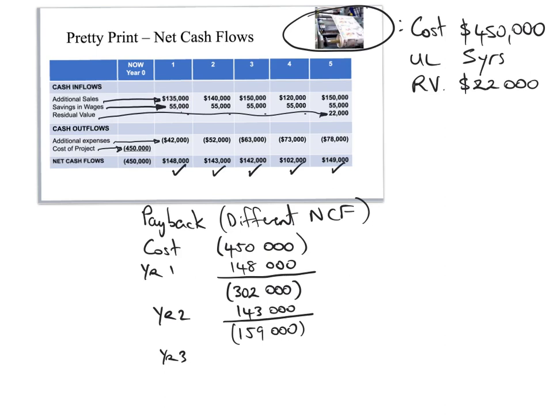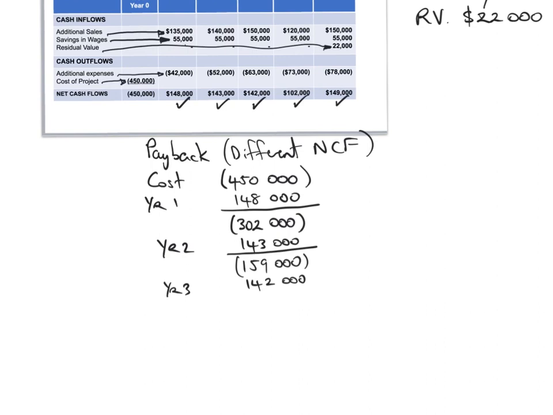The cash flows in year three are going to be $142,000. So that leaves us $17,000 still to be recovered in year four.